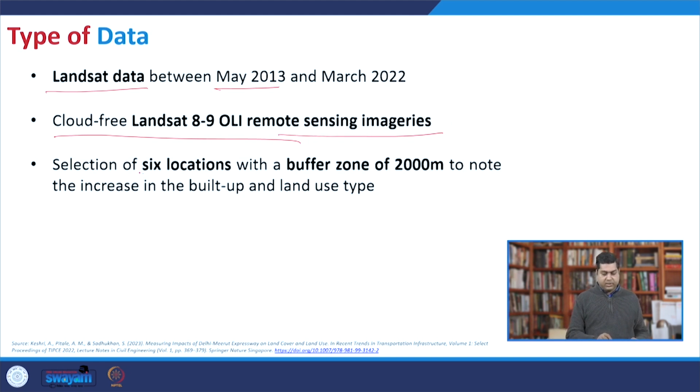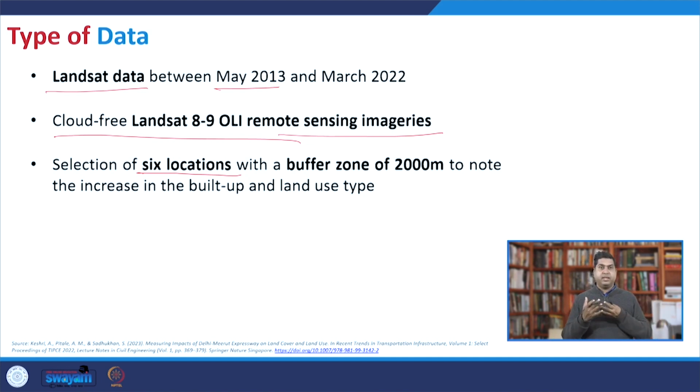We have selected 6 locations, as I already mentioned on that map, because it's a long corridor and corridor-level analysis is very difficult. It requires computational ability of the system. So we picked 6 locations, and they were picked based on observation.